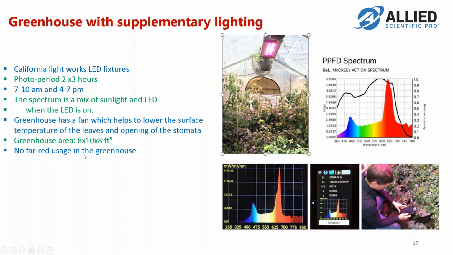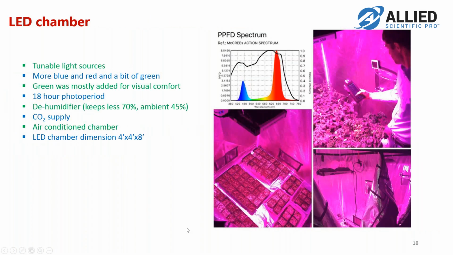There was no far red usage in the greenhouse. And you can also see there's a fan here that mixes the air, so that it produces a breeze so that the leaves could get a little bit colder, reducing their surface temperature, which helps their growth.